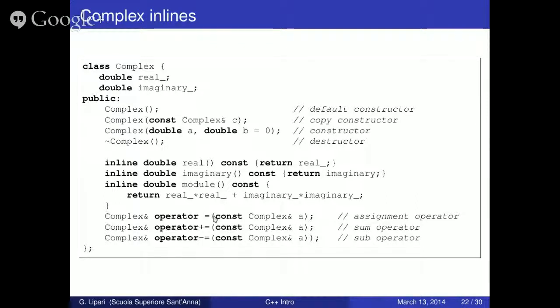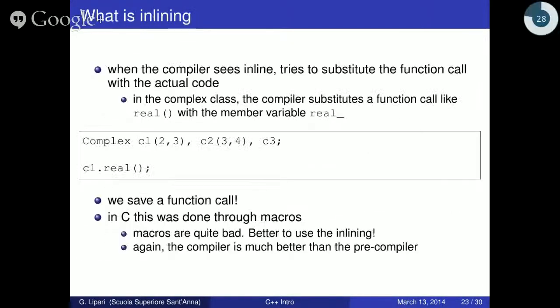Maybe more complex things, maybe it's not the case of optimizing that, so I'm not specifying that. When the compiler sees inline, it tries to substitute the function call with the actual code. So it's a sort of code substitution, code expansion. Okay? And so every time you see real, which is a function, it will just be substituted by the member variable real. Okay? So we save a function call.